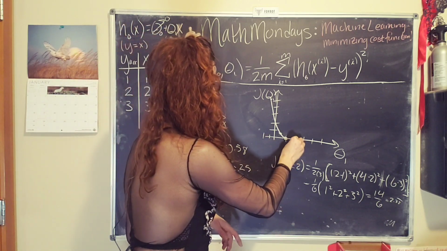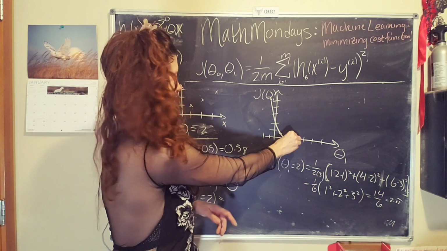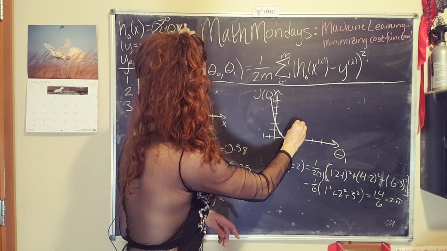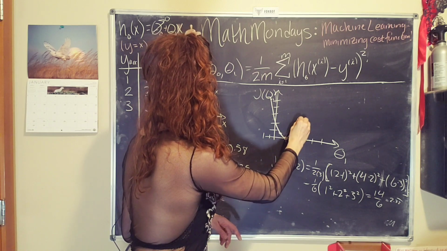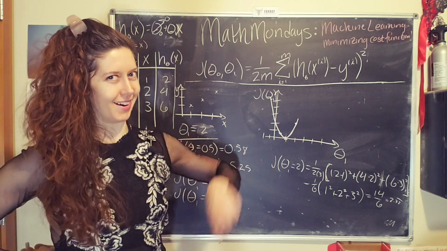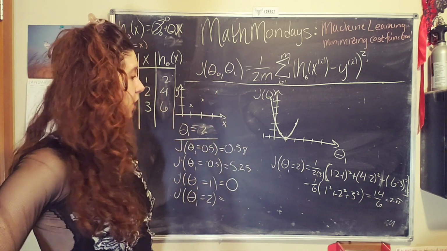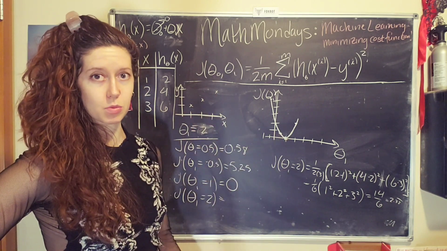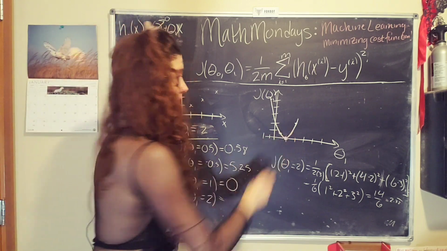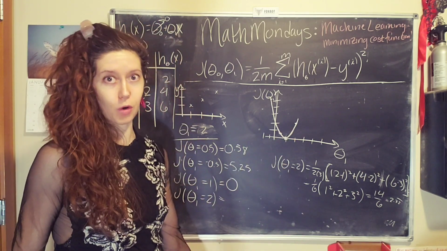So we get theta 1 equals 2 over here. And then we go up to 2 and a little bit higher. Hey, look at that! It is a parabola. So this is handy because we did actually minimize our cost function. This is the minimum point of our parabola.